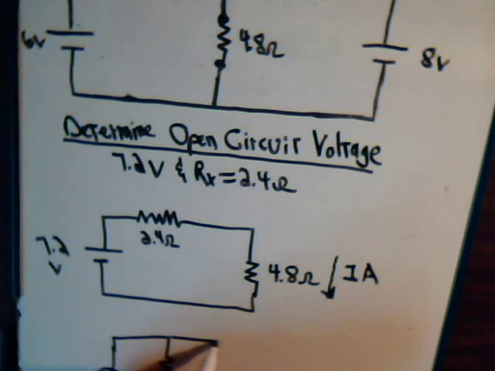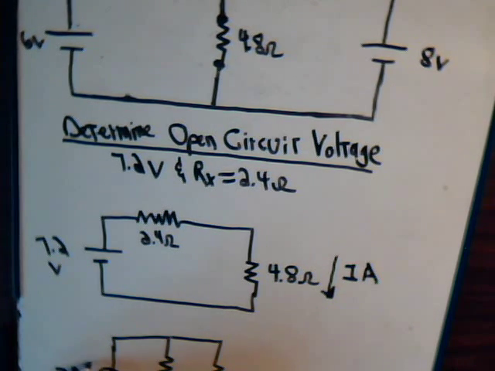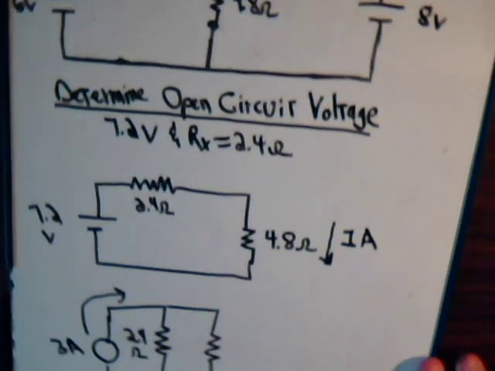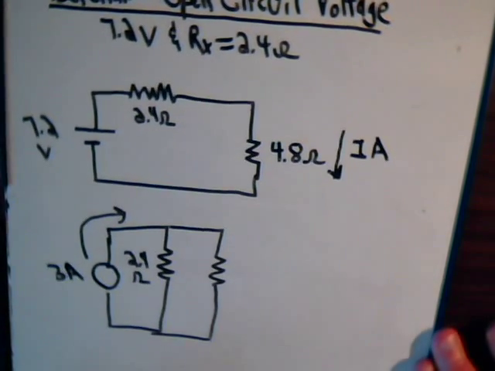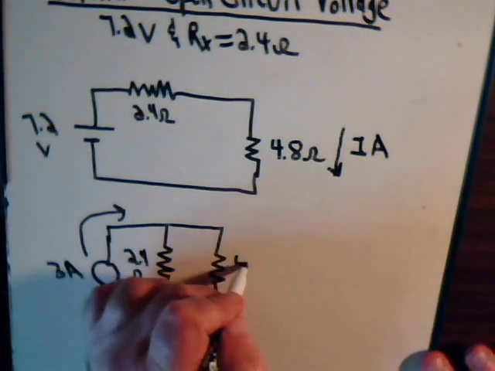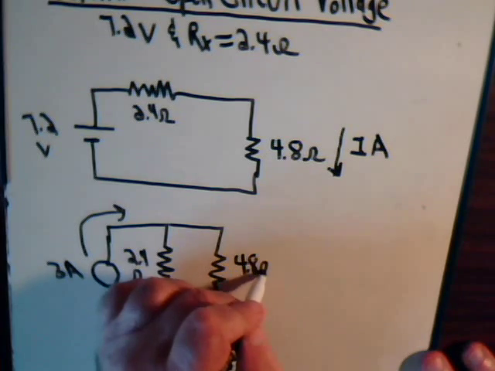And then we have the rest of the circuit. So 3 amps. This is 2.4 ohms, and 4.8 ohms.